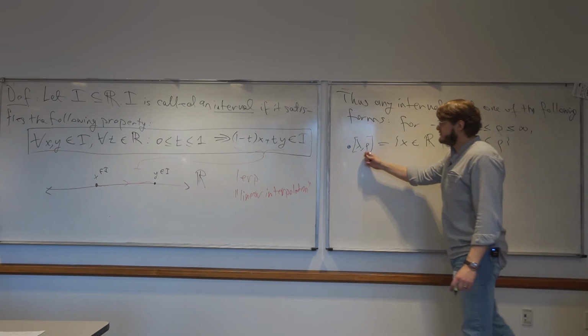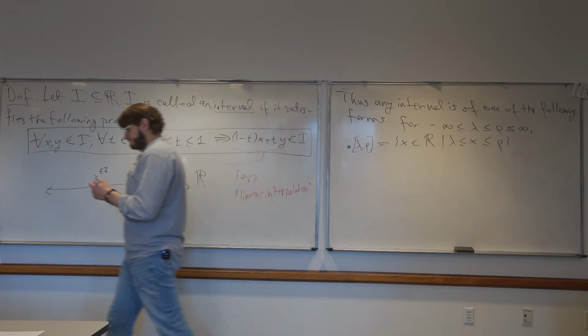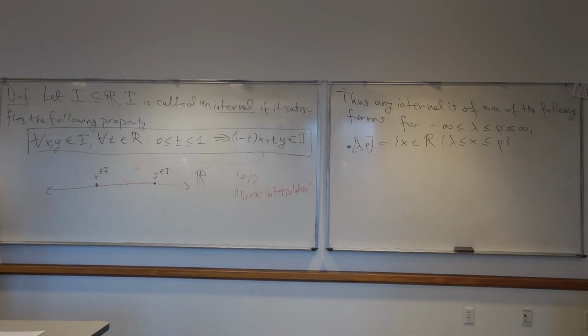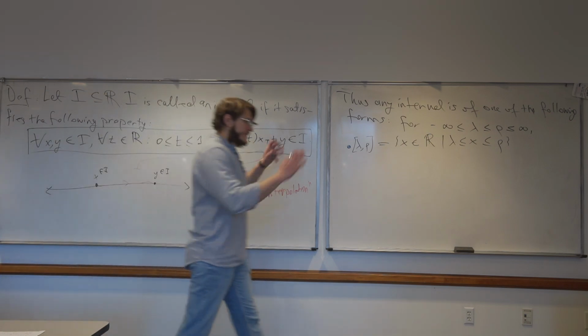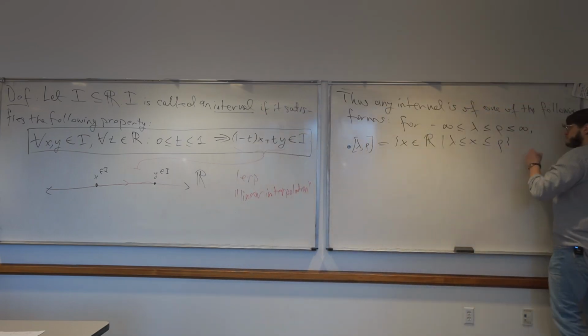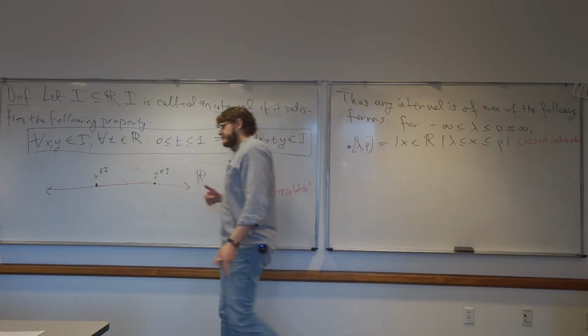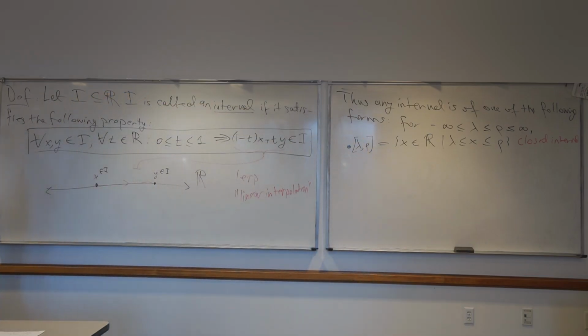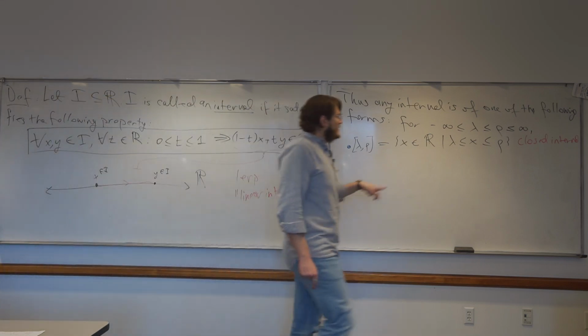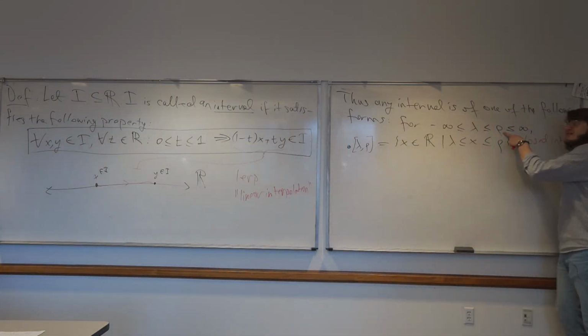You might have heard the phrase closed interval. This is also something that we're going to use, closed interval, if both of the endpoints are included. Well, you might at this point say, what if lambda is minus infinity? We're again going to call it a closed interval. And technically here, surprisingly, I'm not saying that lambda has to be strictly less than rho.